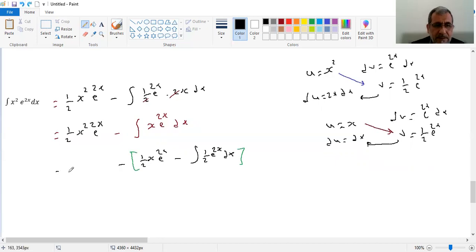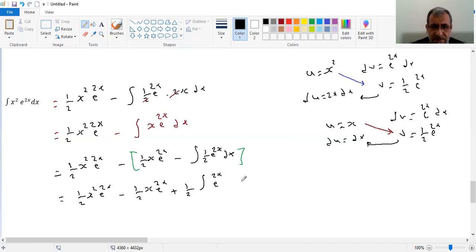So equal to the first one, half x squared e^2x, and minus, I have here half x e^2x, and negative is positive, here it is positive, I have integral and half, see, this half is out, and the integral of what? Of e^2x dx.